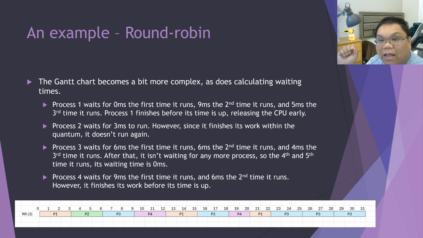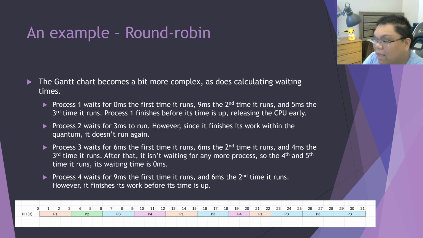When a process stops running before the quantum is up, we can just preempt the CPU earlier. So the second time that process 4 runs, it only ran for 2 milliseconds, and then it was done working. We can just preempt the CPU earlier so that the next process in line can run.